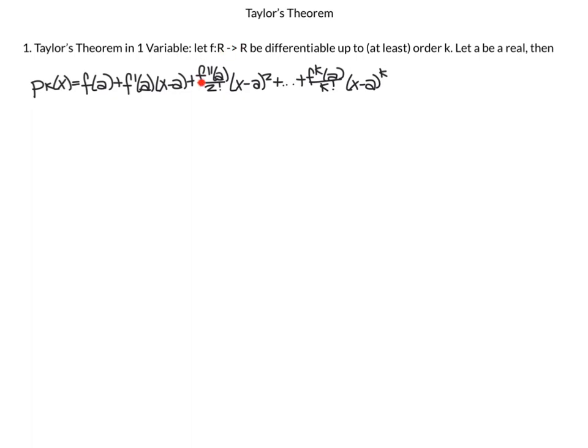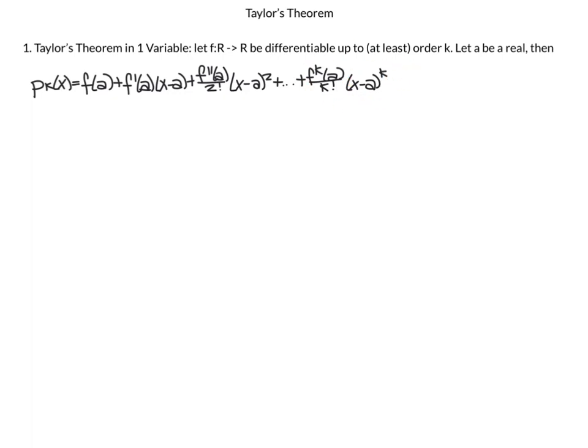We can then go for a quadratic approximation by evaluating f double prime at a divided by 2 and then multiplying by x minus a squared to give us the quadratic term, and we would add it to f of a and f prime of a times x minus a. We can keep doing this. We can take the kth derivative, evaluate at a, divide by k factorial, and multiply by x minus a to the kth power.